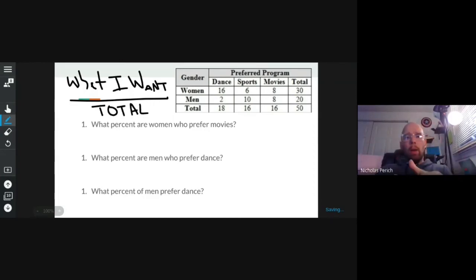So what I want is women that prefer movies. Women who prefer movies. How many of those are there? That's 8. Out of total. What's my total? Well, in this case, my total is 50.